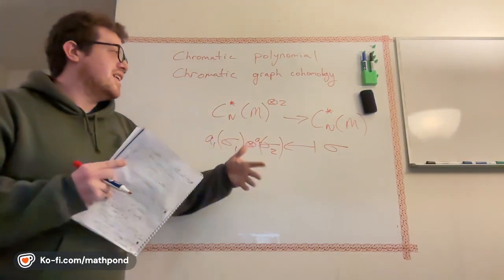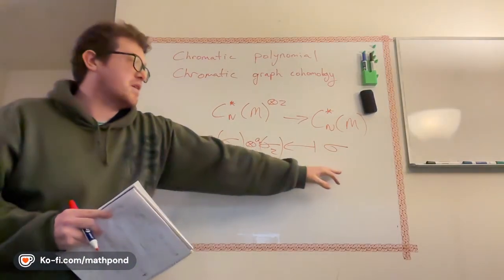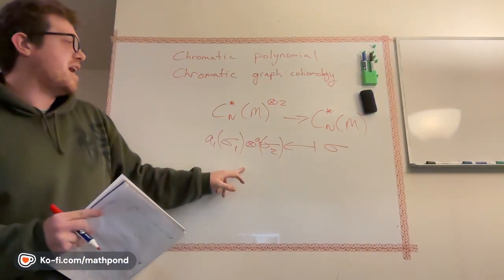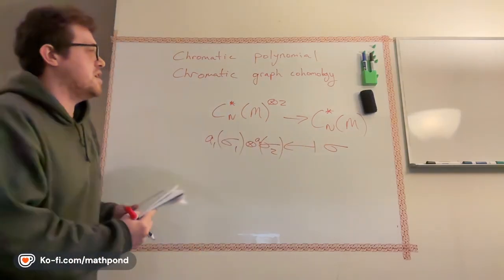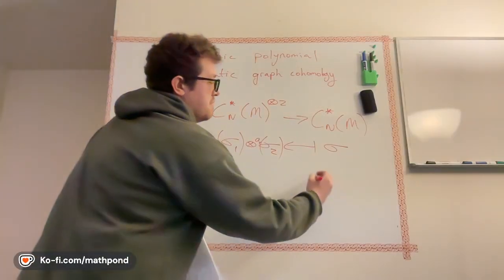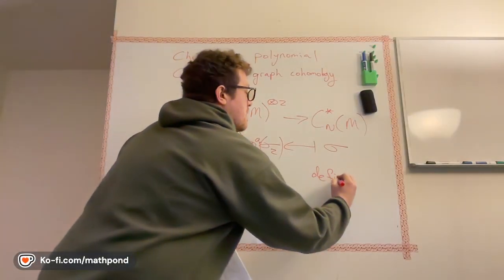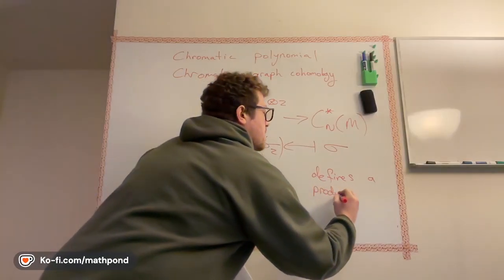So it might be believable that this has something to do with this multiplication map, where you have this diagonal, then you apply the Alexander-Whitney map, and you get this. So this is the cochain product. This basically defines a product on cochains.